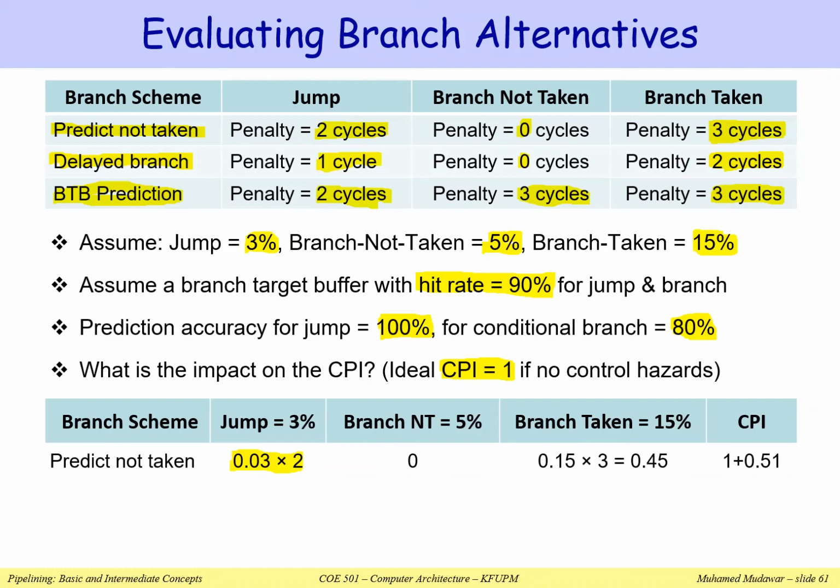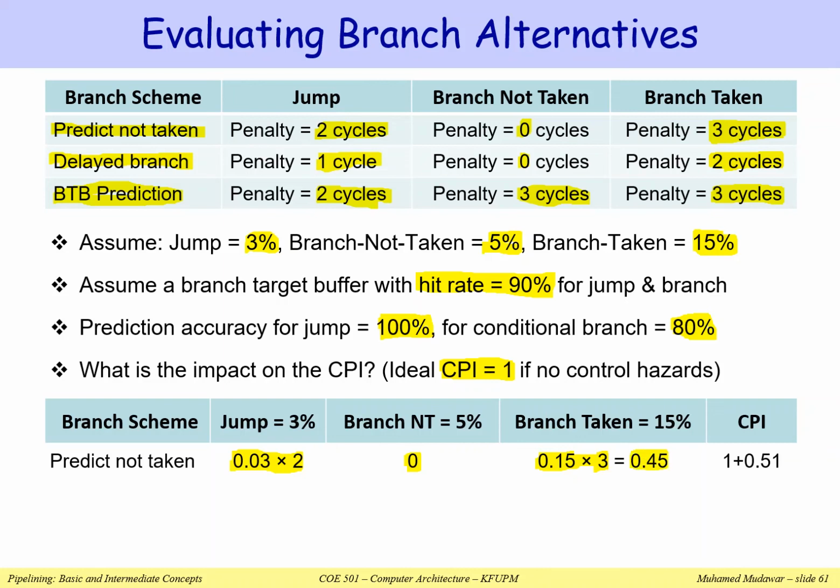In the case of branches which are not taken, there are 0 stall cycles because we don't kill any instruction. And in the case of branches which are taken, 15% of the instructions are taken branches, and every time we have a taken branch, the penalty is equal to 3 cycles. So we have 0.45 stall cycles per instruction.